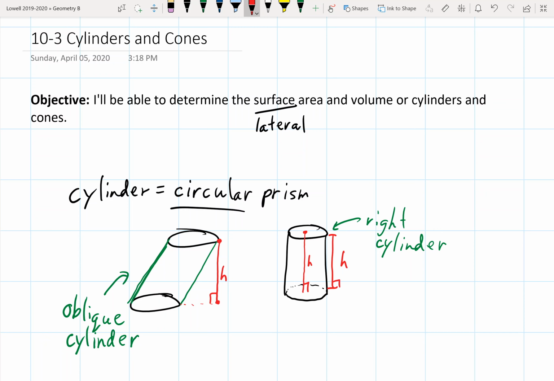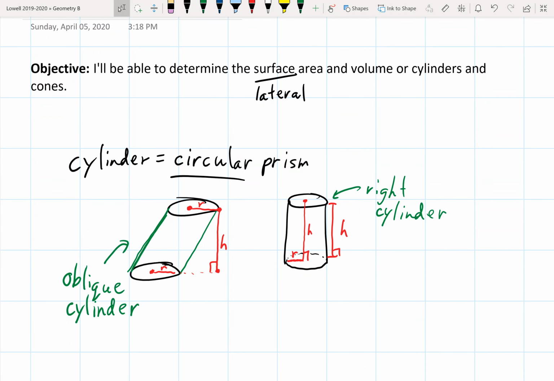Okay, and then again, because it's a prism, our base circles should have the same radii. Because it's a prism, we actually already know what the volume is. It'll work out exactly the same, even if it is a circular base. So the volume of a prism is equal to the area of the base times the height.